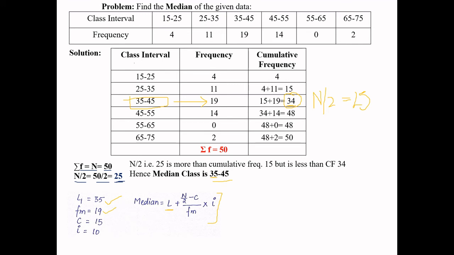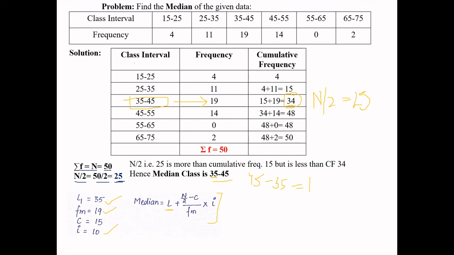I is the class size of the median class. So the class size of the median class is 45 minus 35, which is 10.